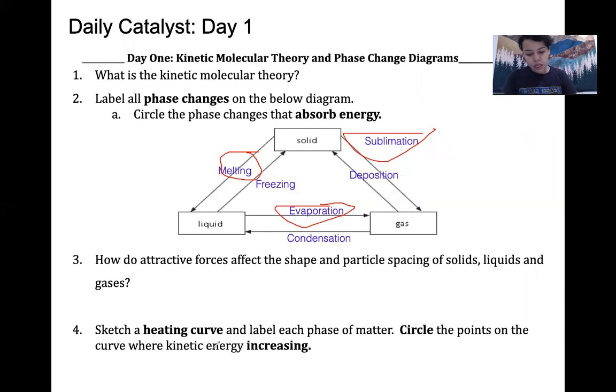If we were liquid, you'd have a whole bunch of crayons just loosely spaced out. They have more space between each other, right? And then for gases, gases are just free.